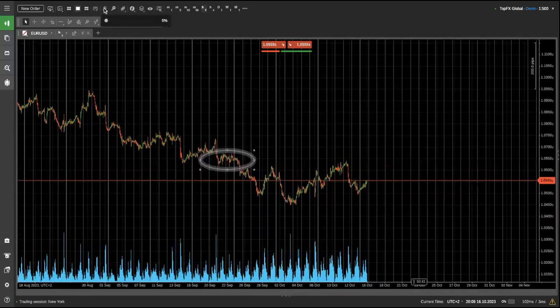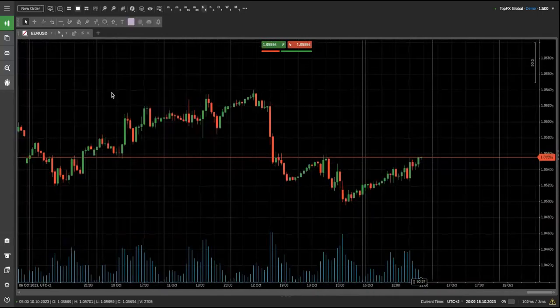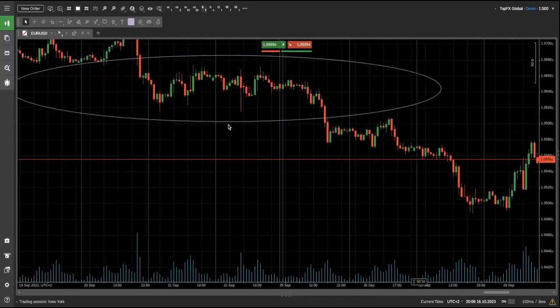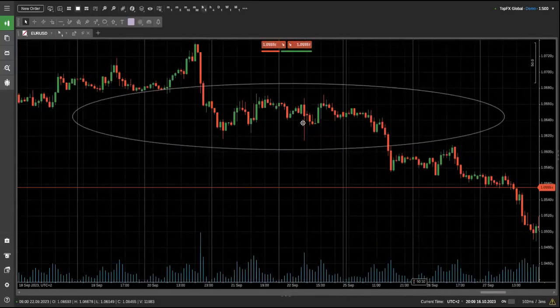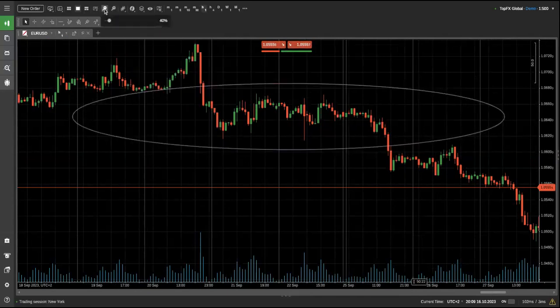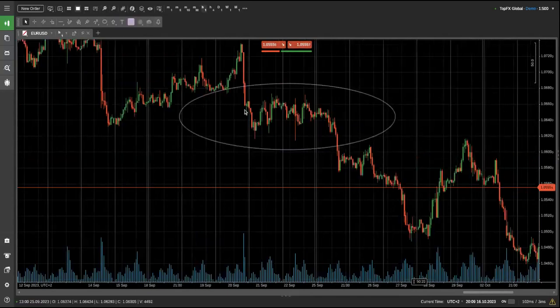You can see we got 5. We got 5 range bars, and look how many of the bars are here inside of this, let's say, ellipse. Let me just zoom out. Yeah, that was our range. Plenty of them.